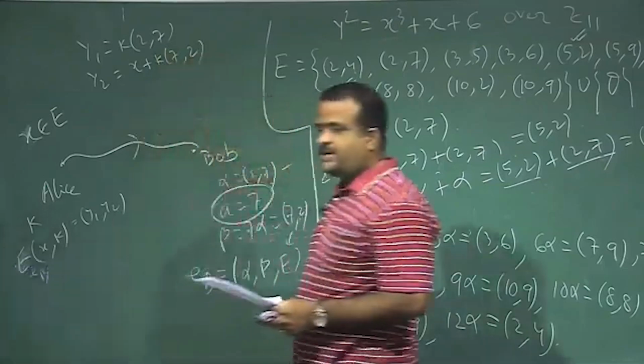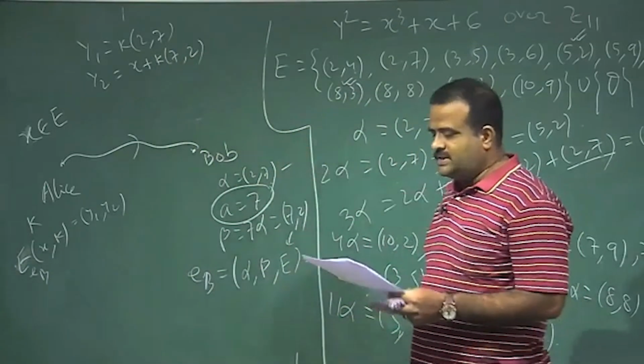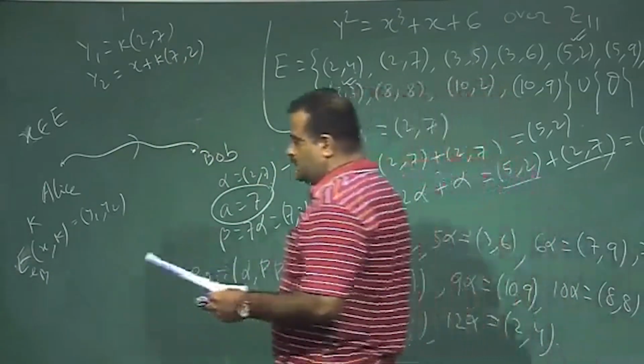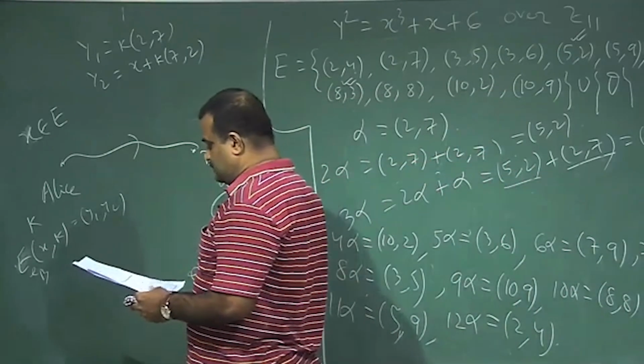This is the beta. So this is masking, and since our operation is addition, it is X plus K times beta.